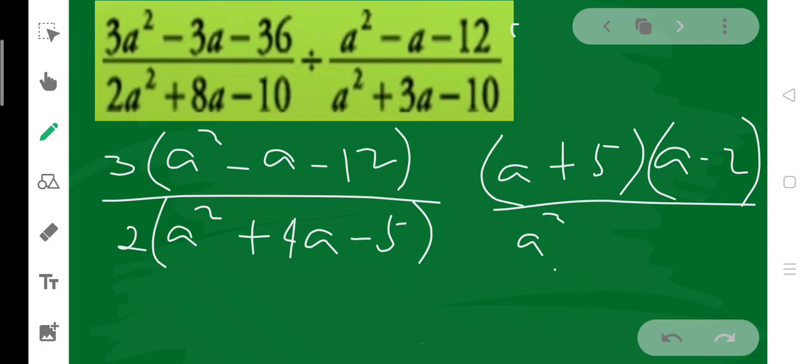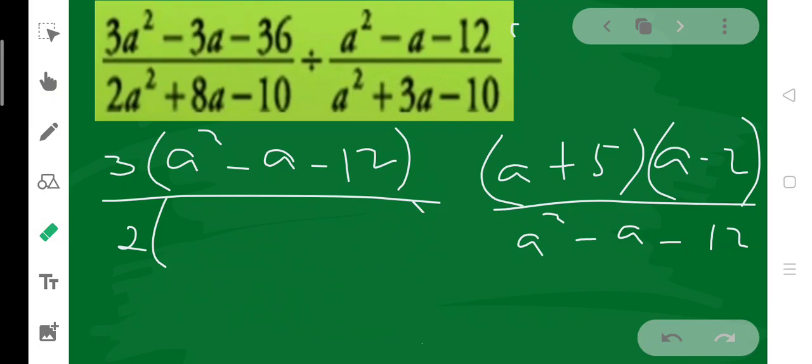So just copy a squared minus a minus 12. Okay. Now for this one, a squared plus 4a minus 5, this is still factorable. So I'm going to factor this out.